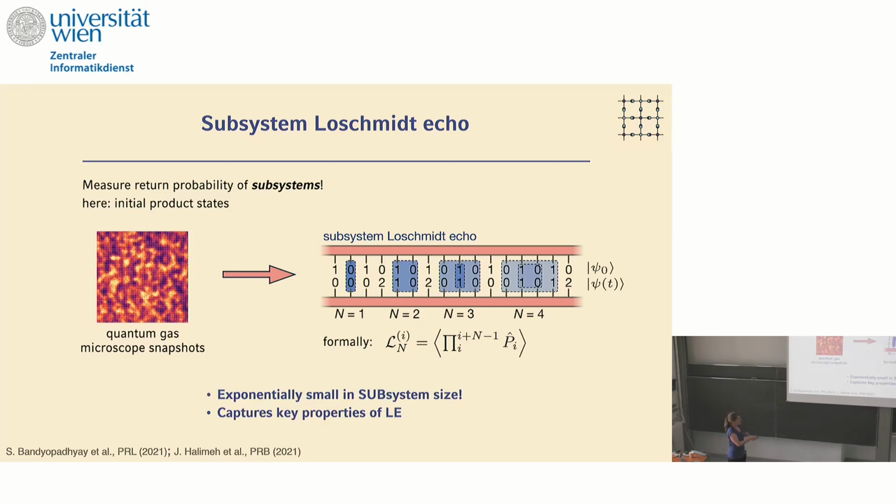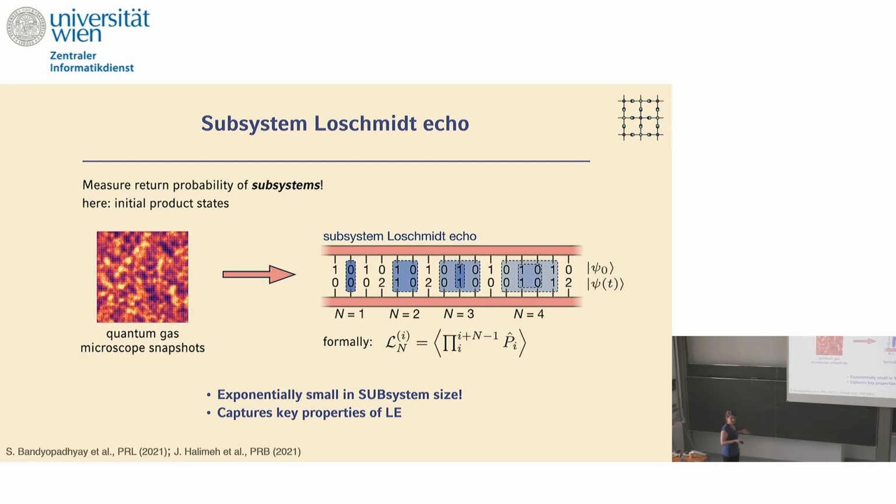Now, this quantity is not much better in terms of scaling. So it will also scale down exponentially in system size. And so the hope is that you can still win if the subsystem quantity teaches you something about your many-body system.